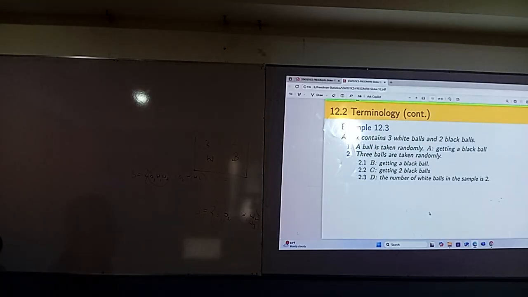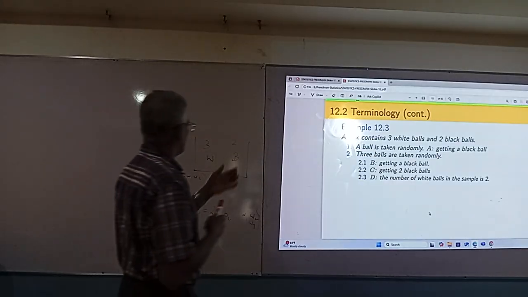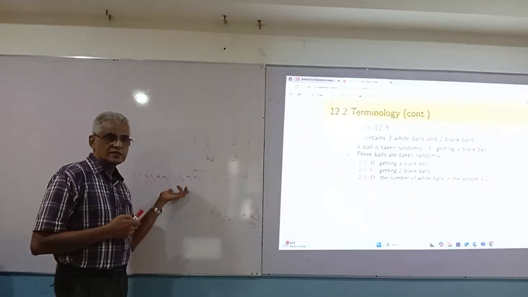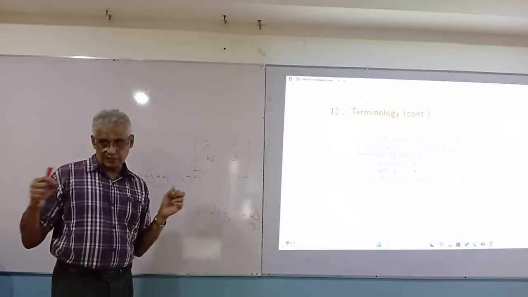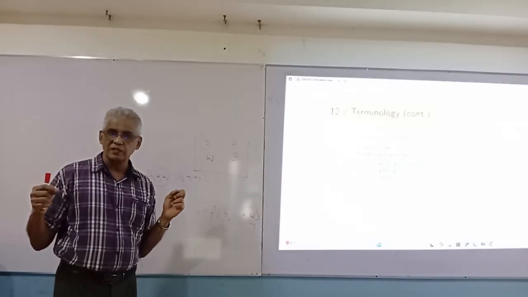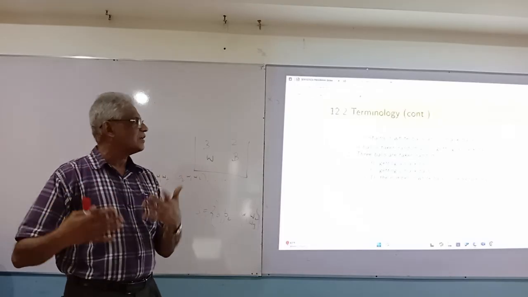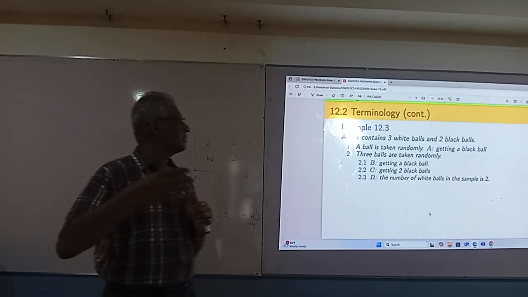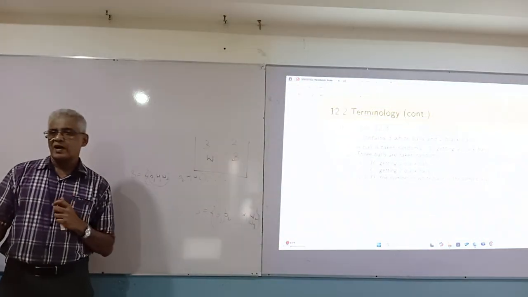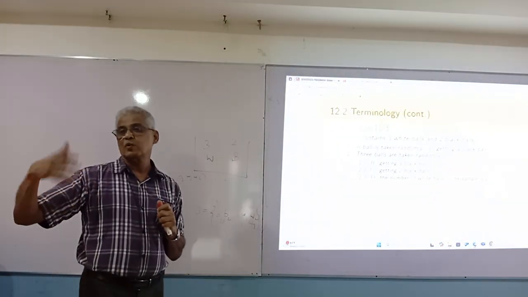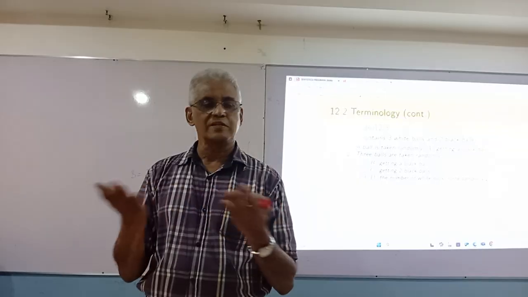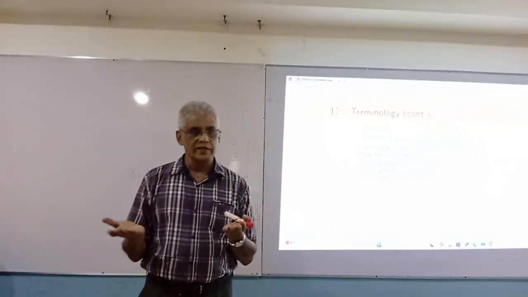Somebody might write down the sample space in a different way. Here we have written down the sample space by observing the color. One might define the experiment as taking 3 balls randomly and counting the number of black balls in the sample. That is another way to define your experiment.